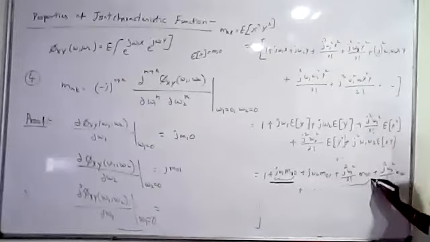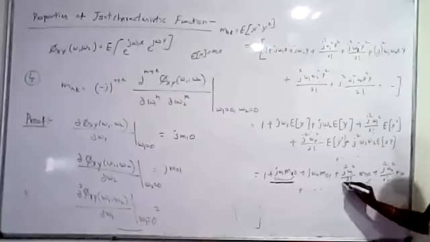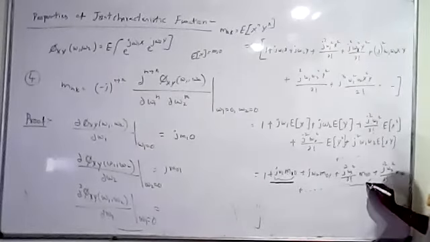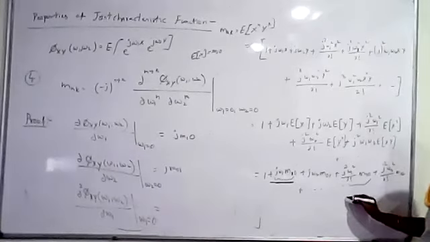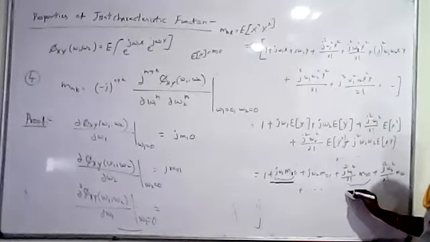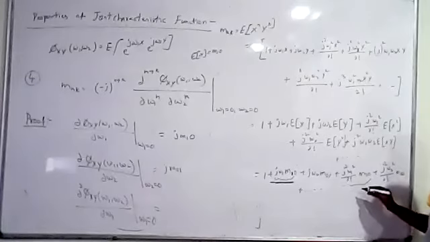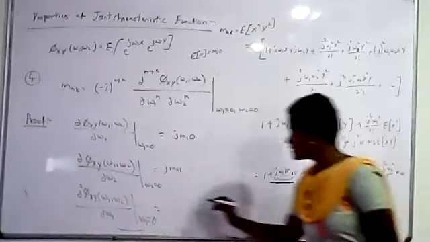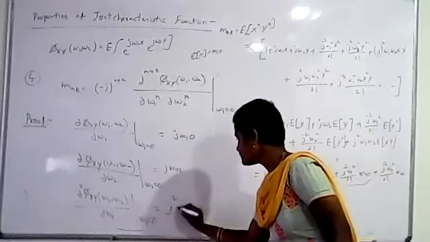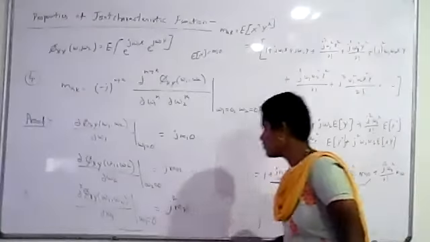This term gives us a constant, yes or no? All higher order terms contain omega 1, and since we are substituting omega 1 equal to 0, they will also become 0. Now we will be having only this, that is j square m20.